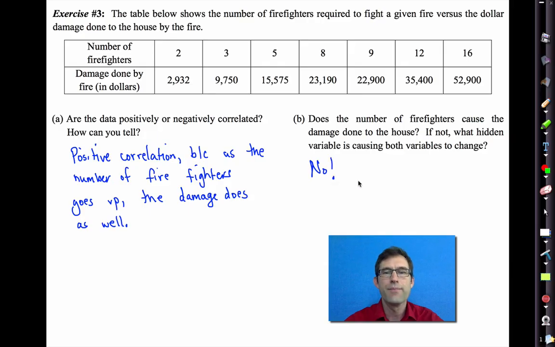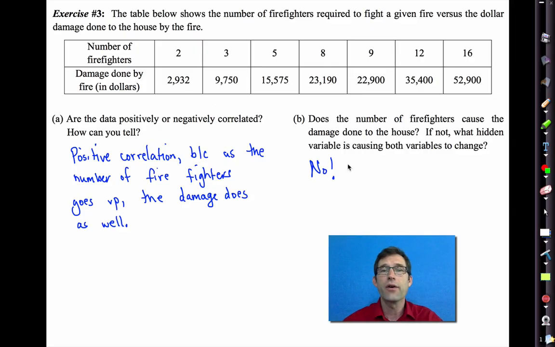No, right? But, and I don't know why I want to pick on them, politicians oftentimes confuse correlation versus causation. I could see some very silly politicians saying, well, look, more firefighters, more damage. Therefore, let's just reduce the number of firefighters that go fight a fire, and therefore there'll be less damage. Well, that would just be crazy, right?